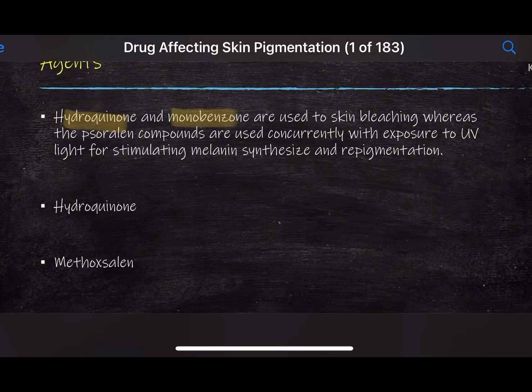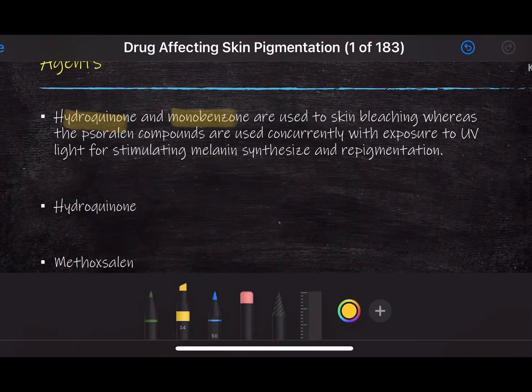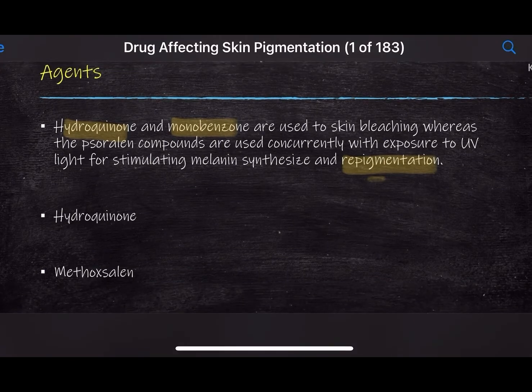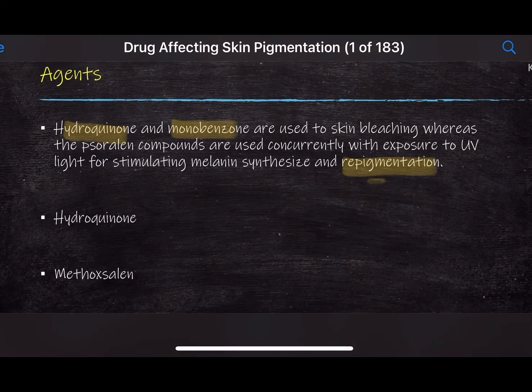There are also psoralen compounds available, but we have to use them along with exposure to UV light so that they can stimulate melanin synthesis, which results in repigmentation. So there are three important agents, hydroquinone, monobenzone, methoxyline, and also psoralen compounds. Psoralen compounds are used with exposure to UV lights so that they can stimulate melanin synthesis and it leads to repigmentation.